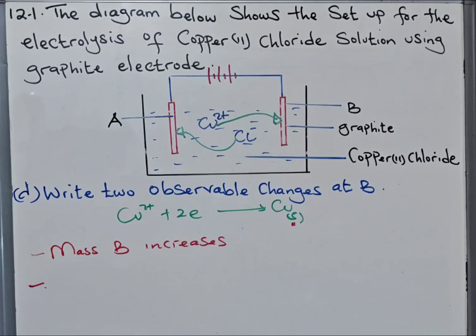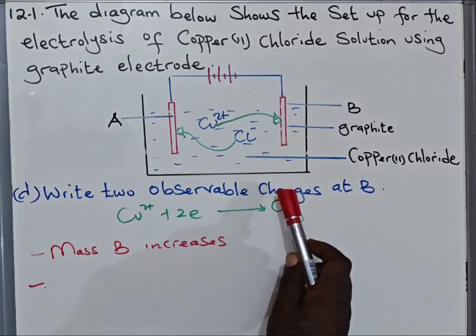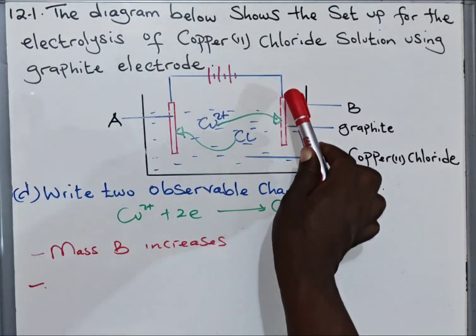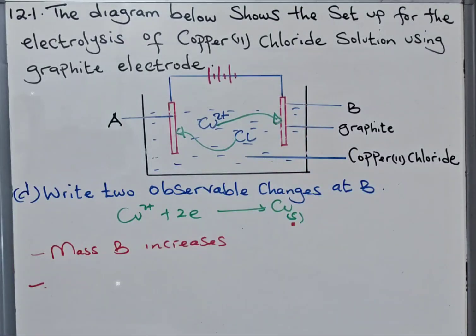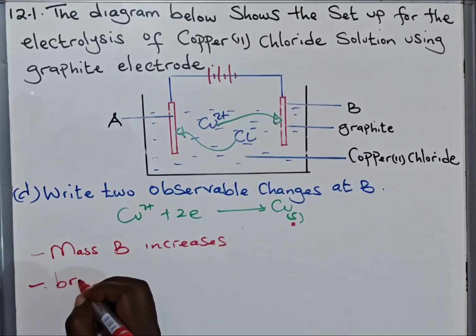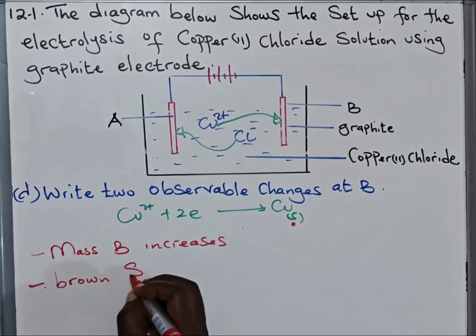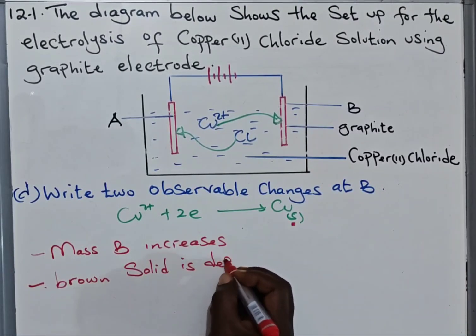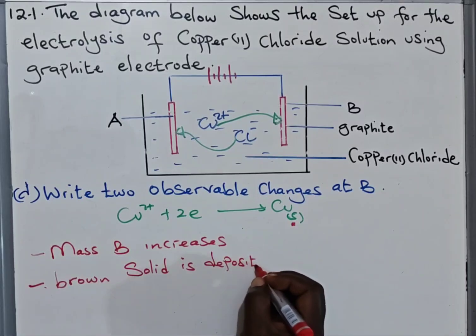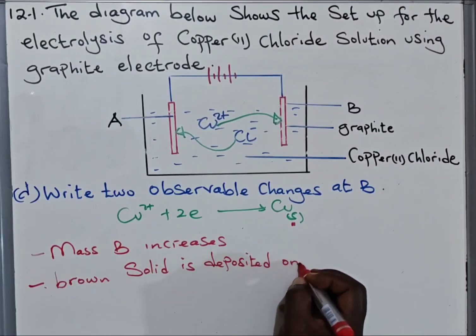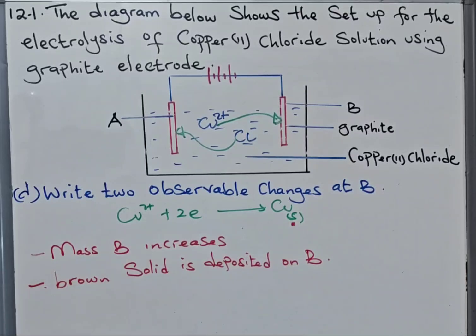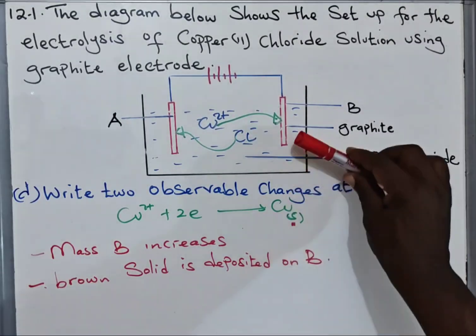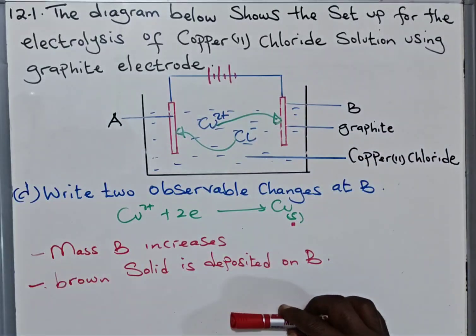We are seeing this copper solid forming there, and copper solid is brown in color. So what are we going to say? A brown solid is deposited on B. So that is that. Brown solid is deposited on B, and B increases in mass.